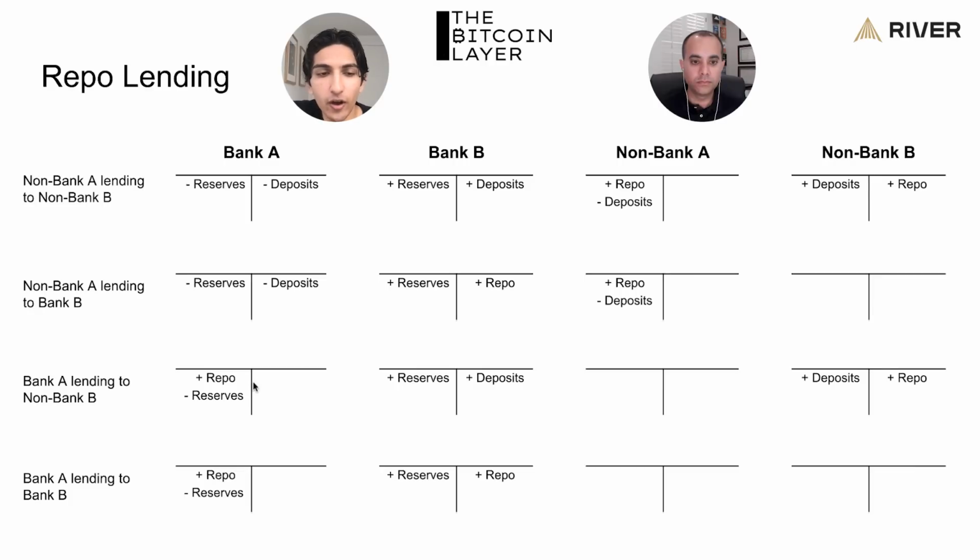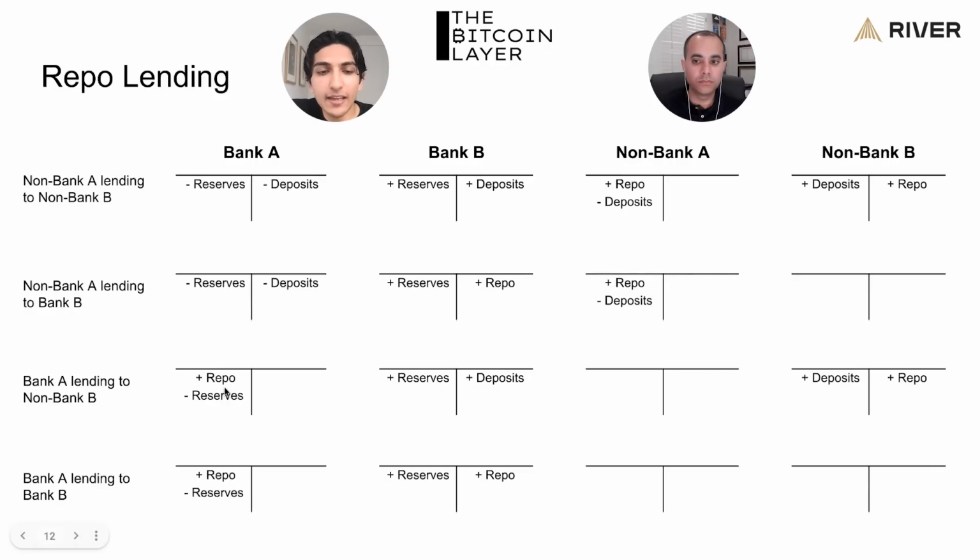So on the third row, when a bank makes a repo loan to a non-bank, the same sort of process occurs where the entity who's making the loan gets rid of their cash, but like we said, banks don't own bank deposits. They own Fed deposits, which are bank reserves. And the problem is that the non-bank, in this case the borrower, holds on its asset side bank deposits.